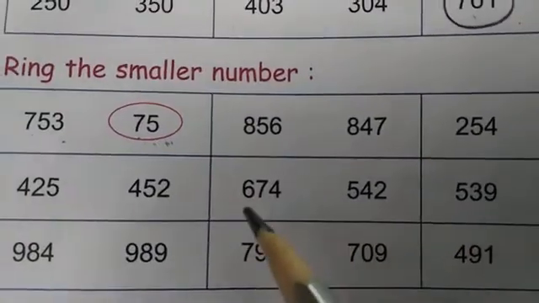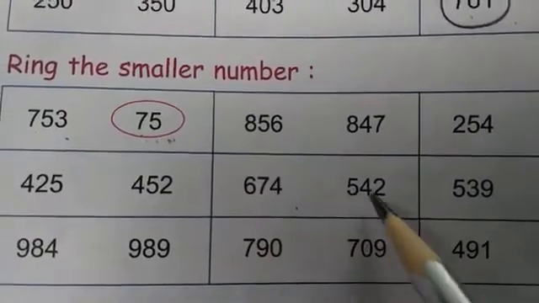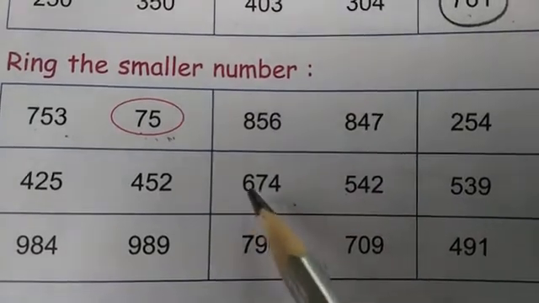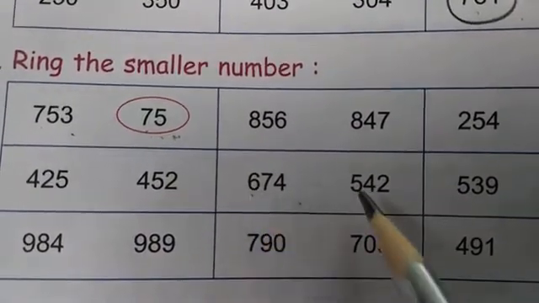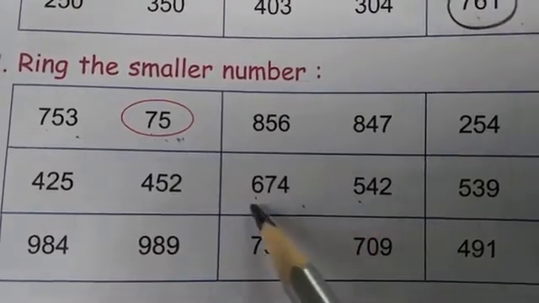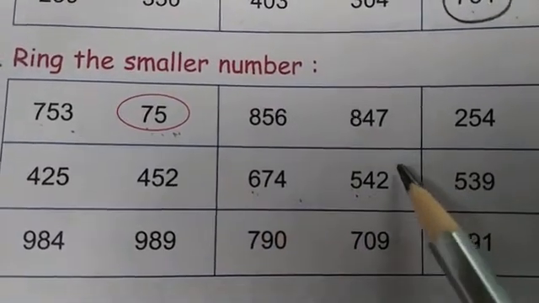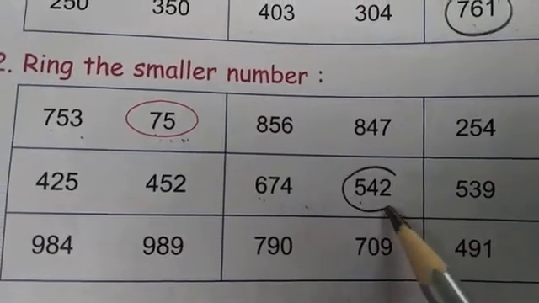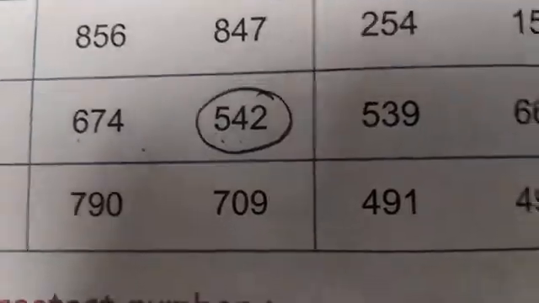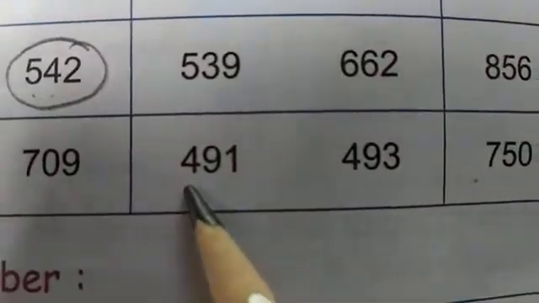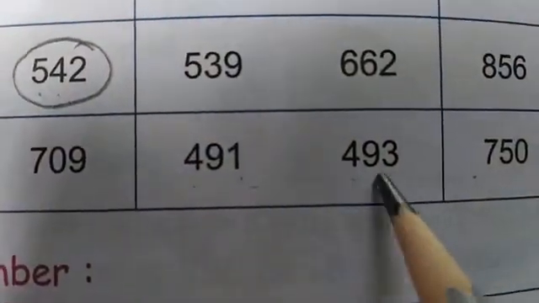Here 674 and 542. First compare the first digit. 6 is greater than 5 and 5 is smaller than 6. So 542 is smaller than 674. Here 491 and 493.